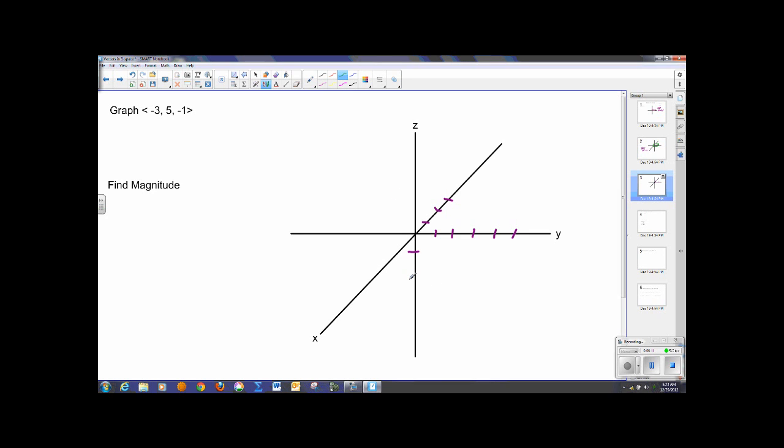So I think I will create the x and the y again first. I'll go along the x-axis, that -3, go along the y-axis, 5, create a parallelogram using those coordinates. That's an average parallelogram, doesn't look great.